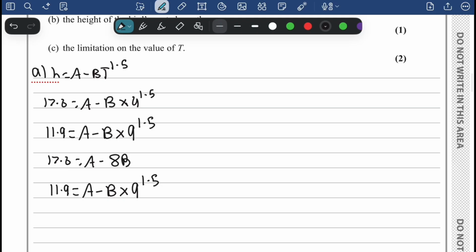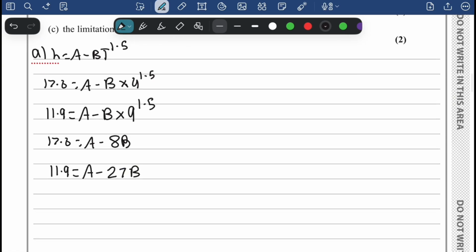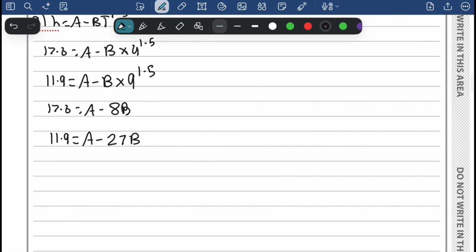And then 9 to the power of 1.5 is 27, so minus 27b. Now, if you have a good calculator, you can just do this simultaneously on your calculator, but we will do it by hand just to show. So we'll just say 11.9 equals 8b.